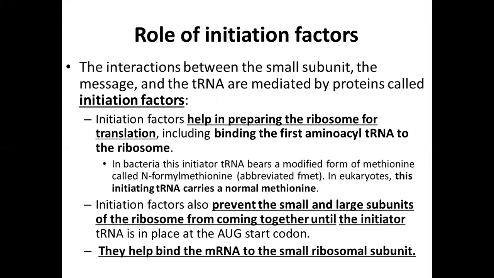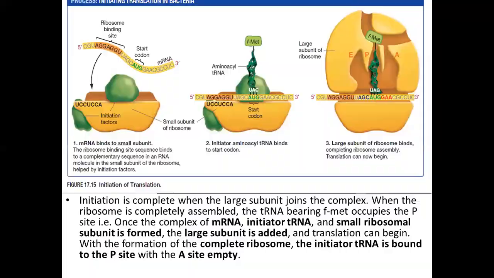They also help bind the messenger RNA to the small subunit of the ribosome. So initiation factors are quite important. Initiation, as we have said, is complete when the large subunit joins the complex, forming the 70S initiation complex.